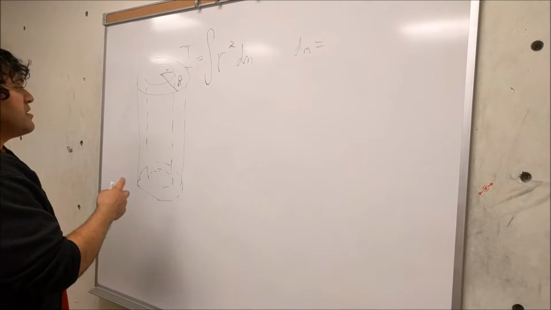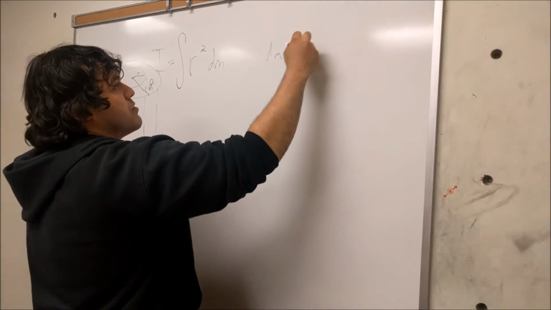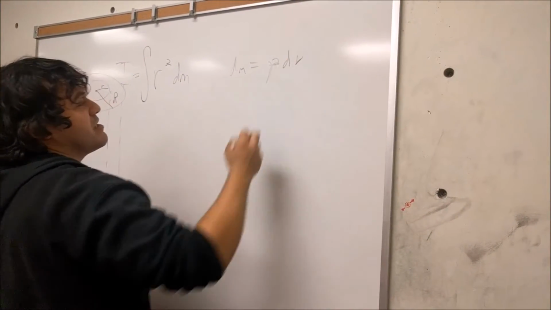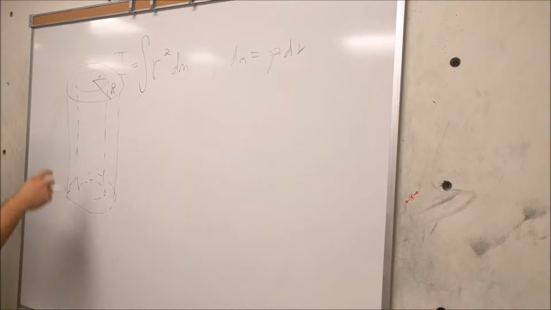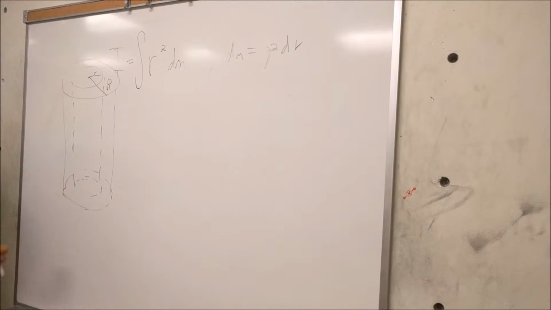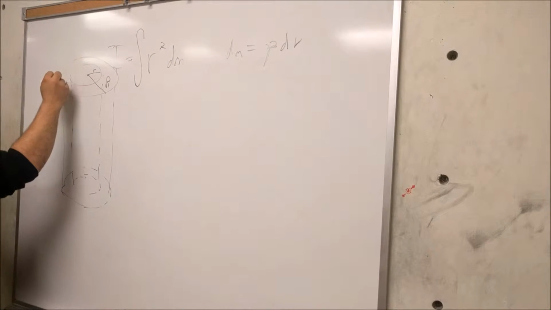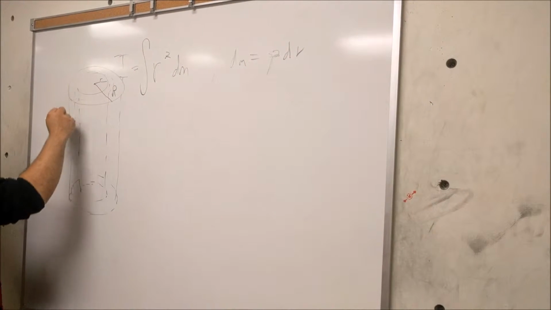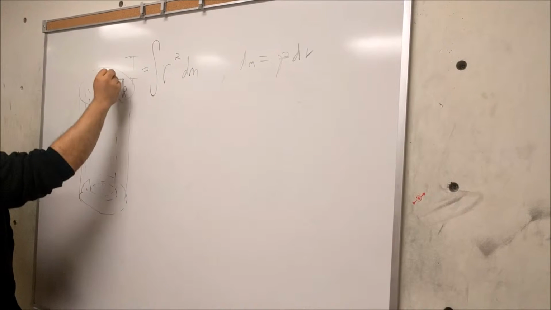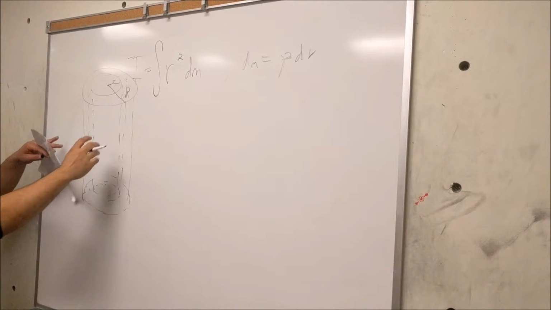So the change in mass for this would be rho dV, the density of the cylinder times the change in the volume. So in order to do this, we're going to take a small piece of our cylinder, and we're going to take it out and roll it out.